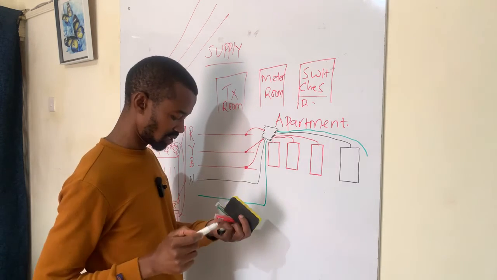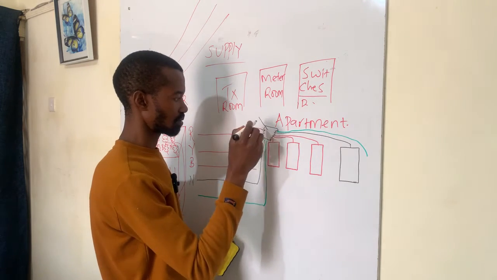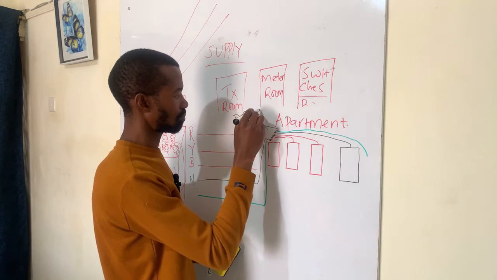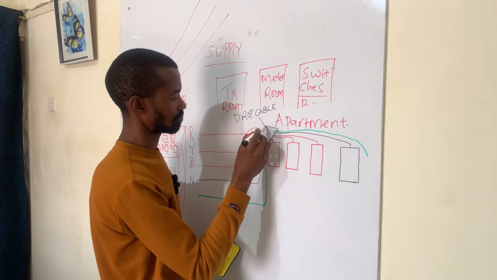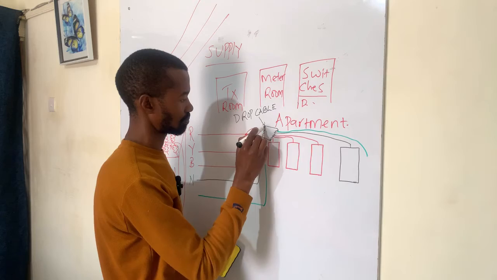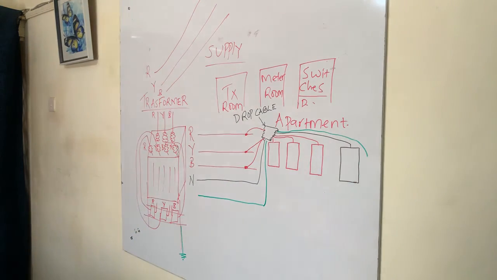So what I'm having here is a drop cable. This is a drop cable. We were told that an arrow in a science class means something.